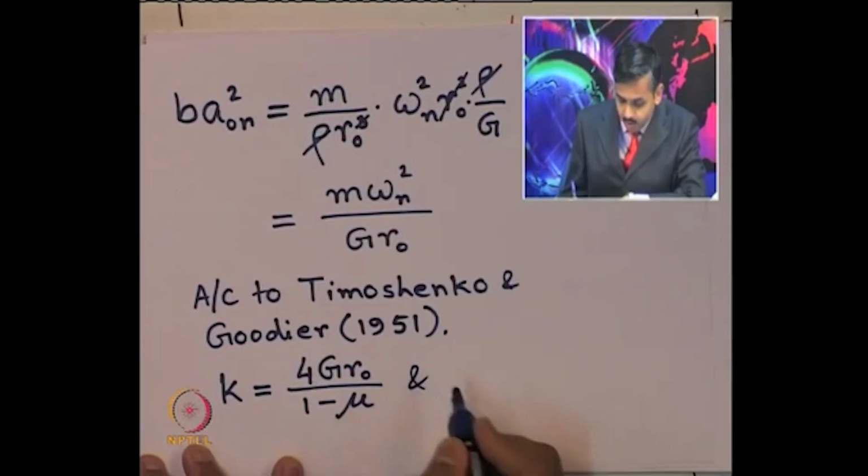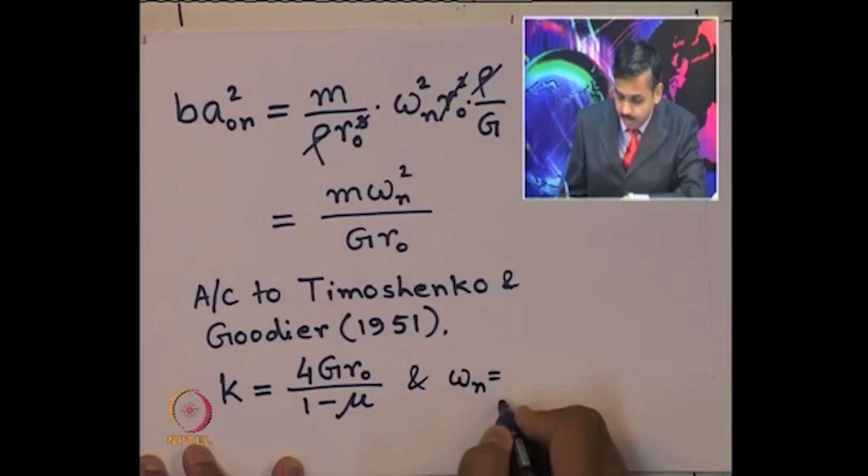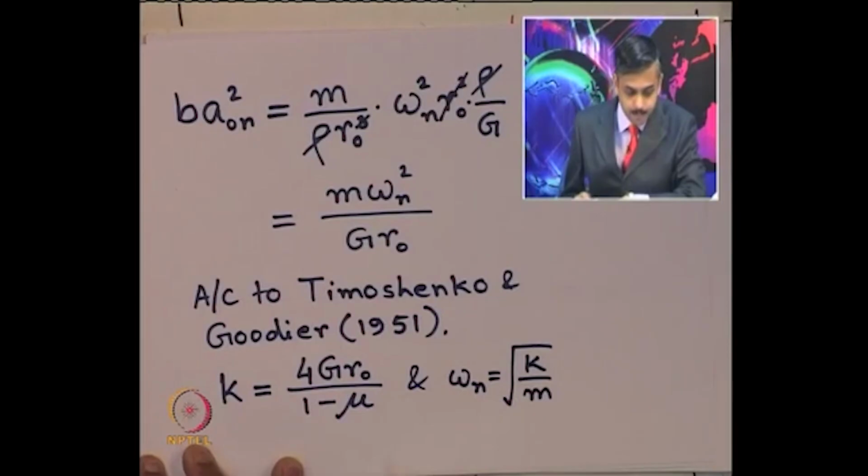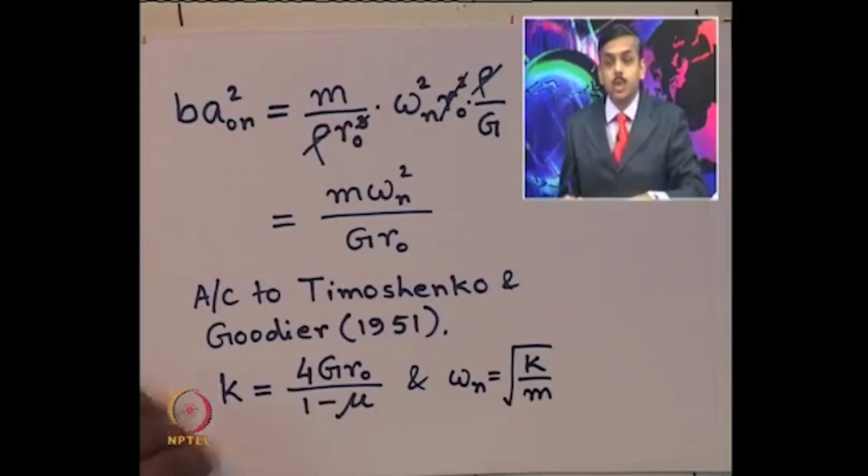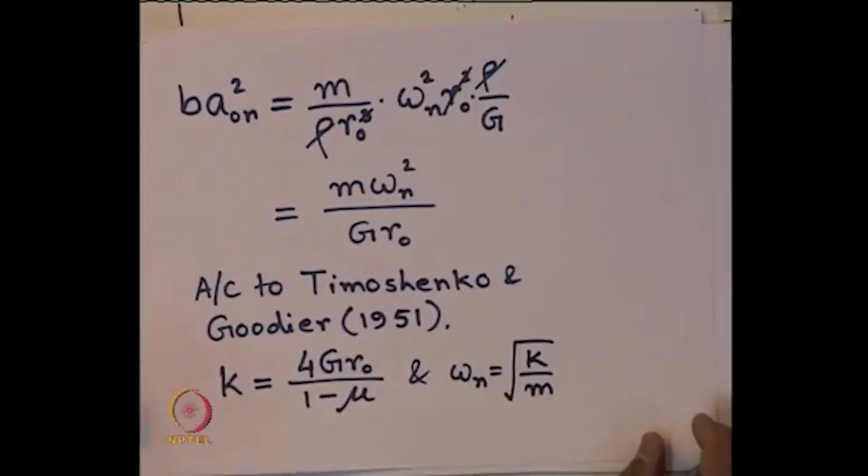And we know omega n, that is natural frequency, is expressed as root over k by m. So, using these known expressions, let us see what further simplification of this parameter B A naught n square we can bring.